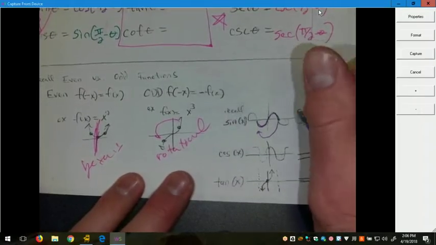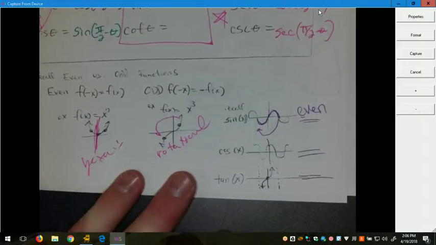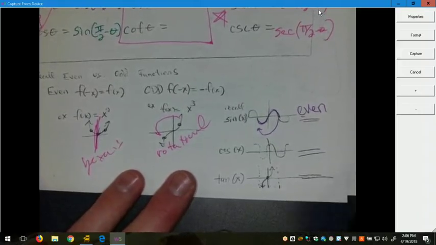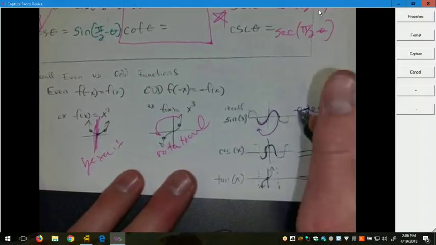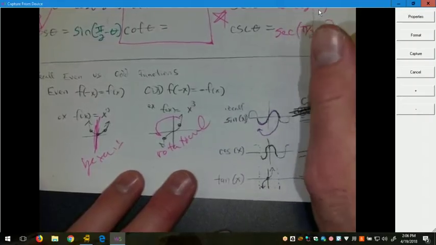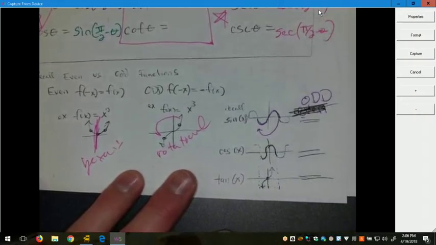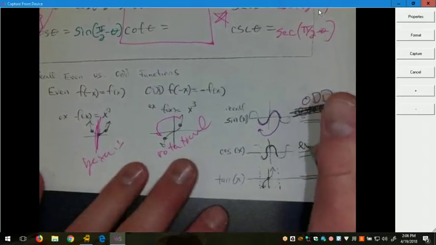So sine has rotational symmetry, it's odd. Cosine is the one that has symmetry with the y-axis, so that one's even.